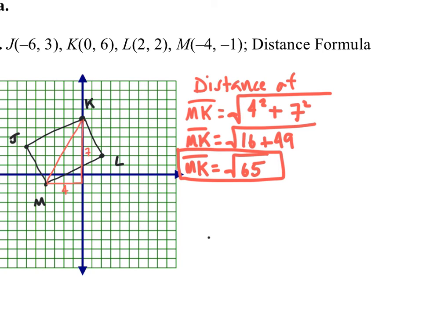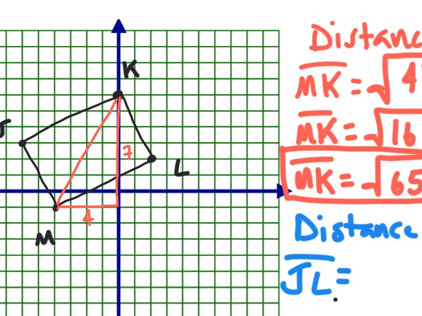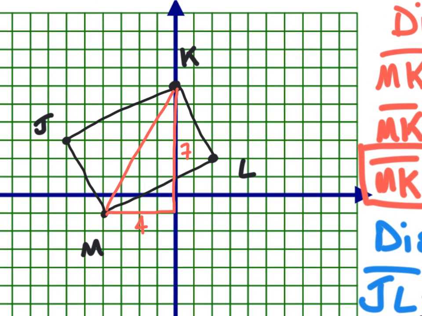All right. So now let's do the same thing, but let's find the distance of the other diagonal, distance of JL. And so JL, let's go ahead and do that one.